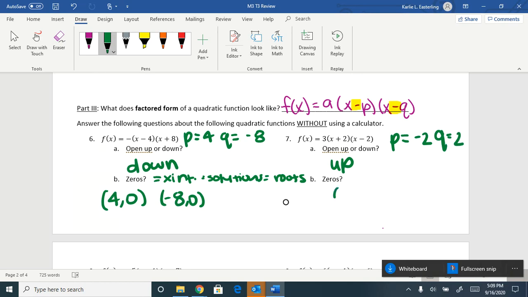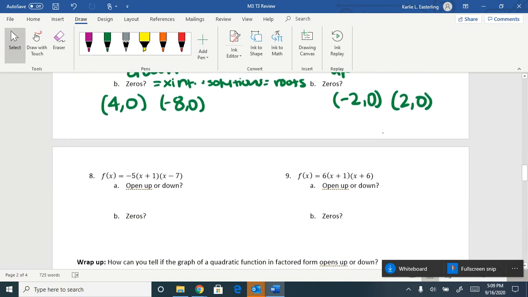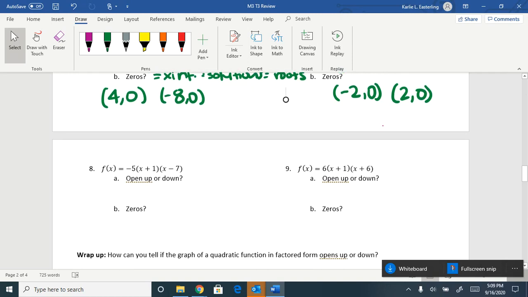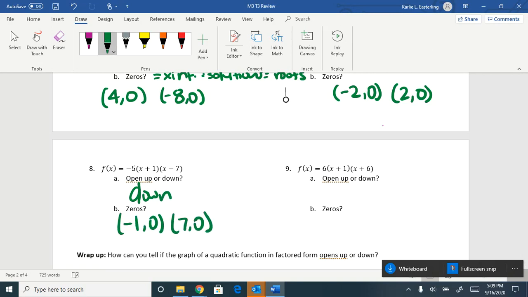So this one's going to open up, and our zeros are going to be (-2, 0) and (2, 0). For number 8, we are opening down. Our zeros are (-1, 0) and (7, 0). If you don't want to write down your little p and q values, just remember to think the opposite. And then finally, we are opening up again, and our zeros are (-1, 0) and (-6, 0).